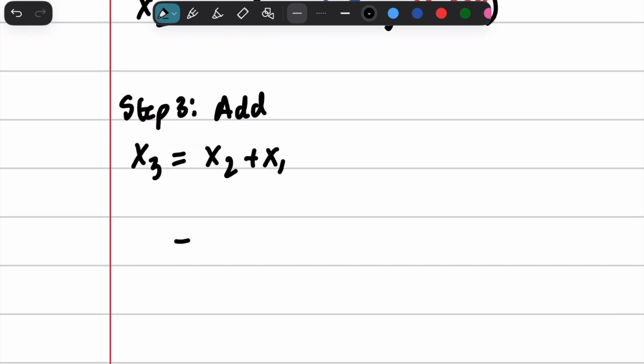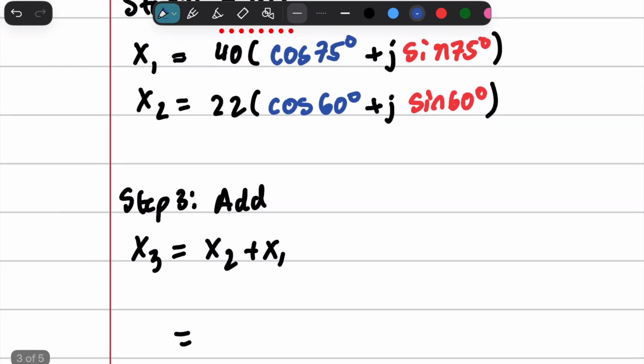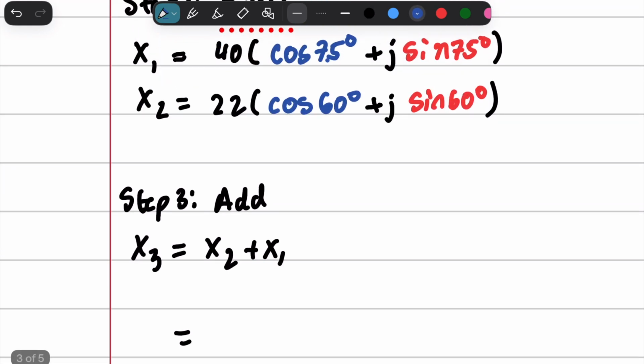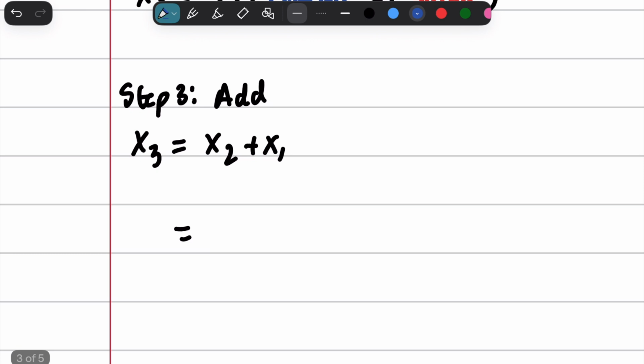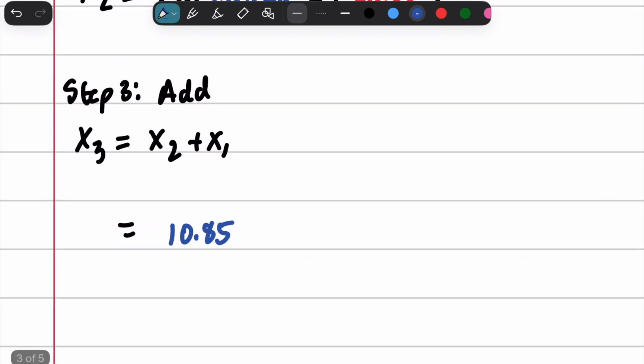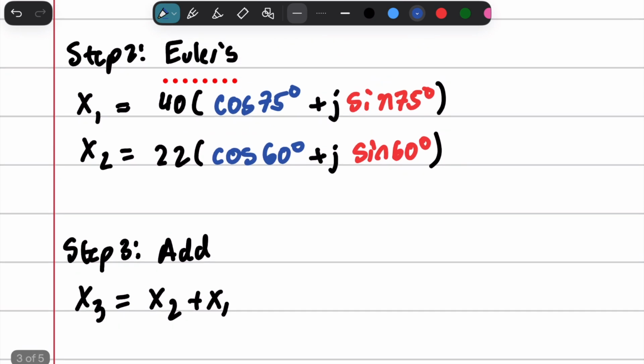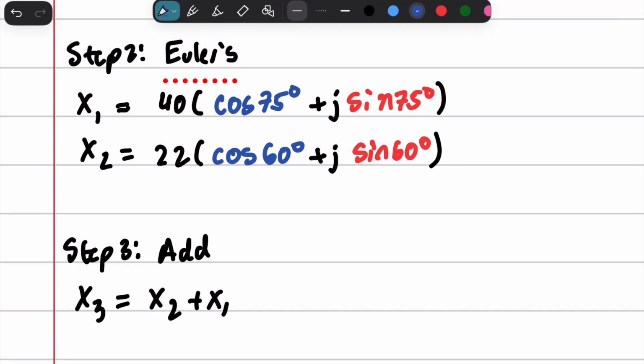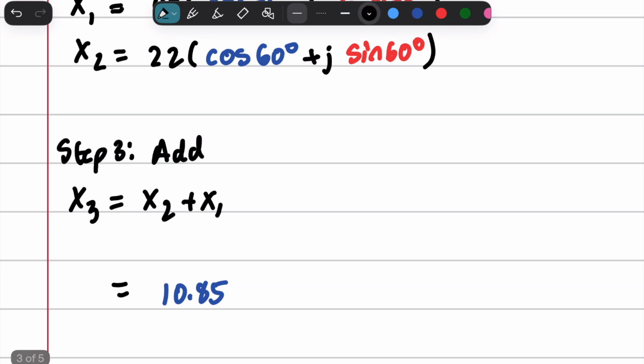For 40 cosine 75 degrees, we get 10.35, and for 22 cosine 60 degrees, we get 11.